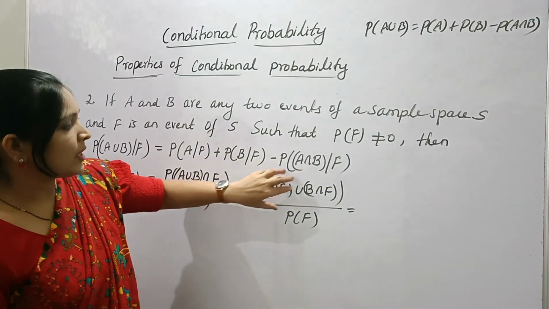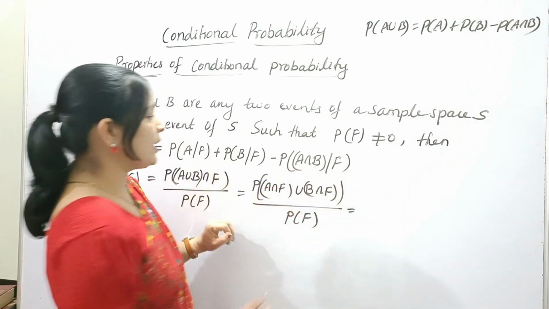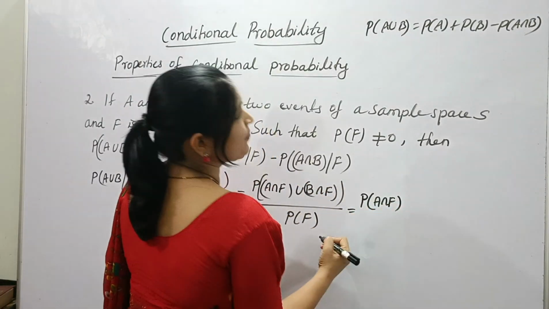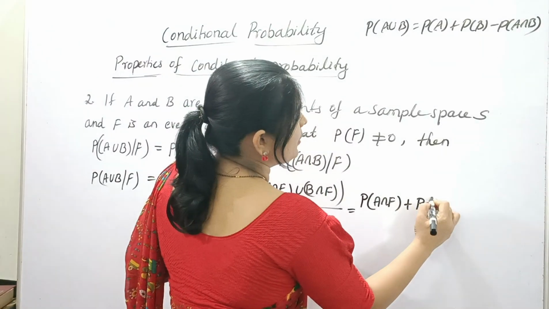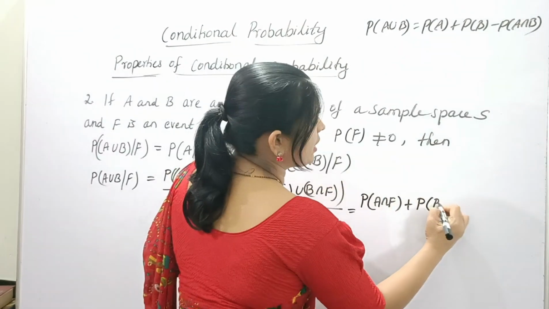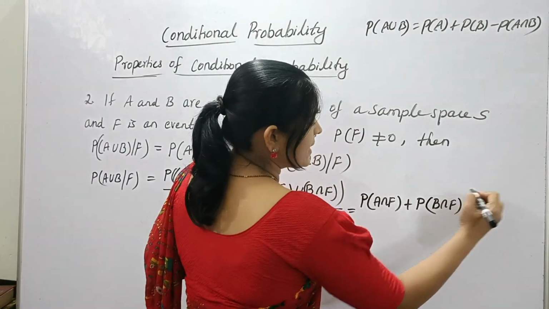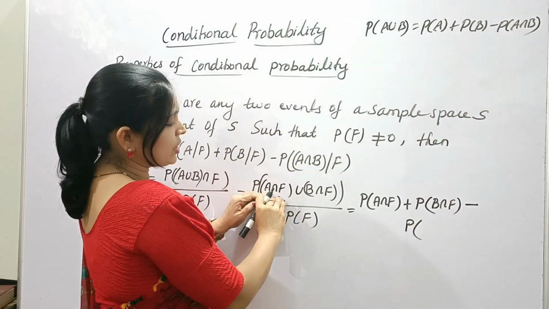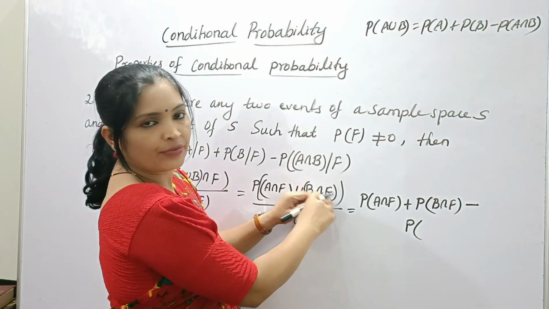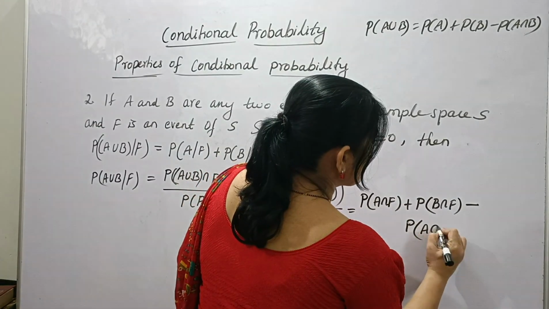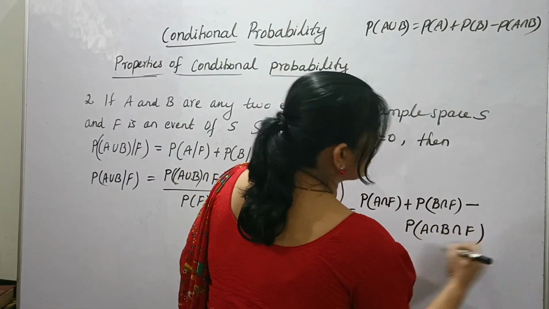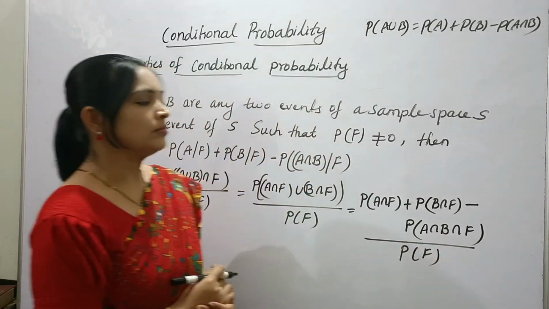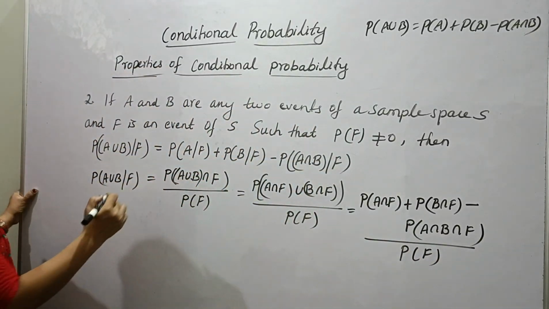Probability of A union B, right? So probability of A intersection F plus probability of B intersection F minus probability of A intersection B intersection F, divided by probability of F. Now split this numerator.